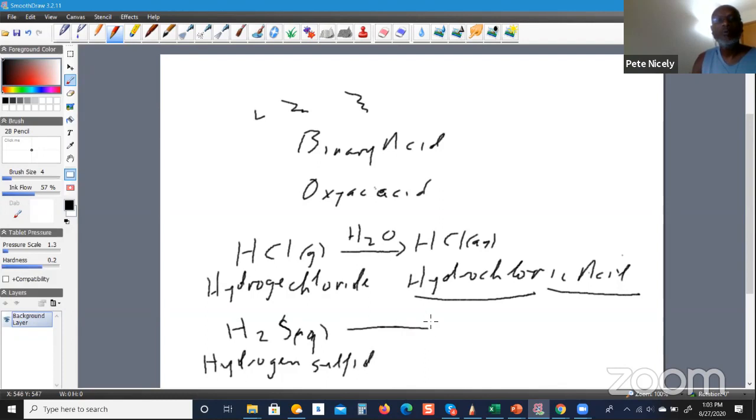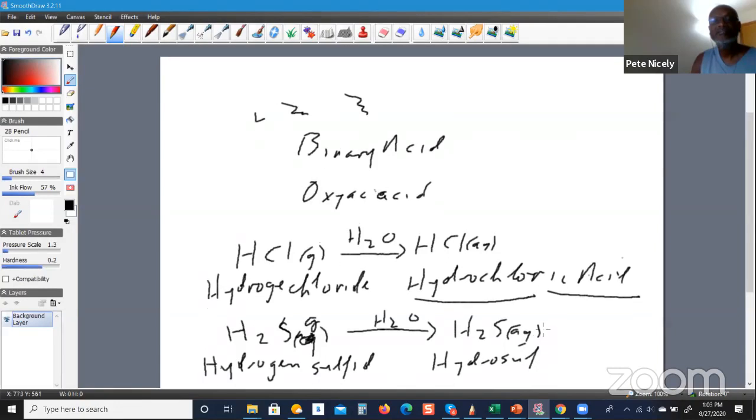Oh, by the way, this should be gas. I'm sorry, this is gas. When you add it to water, it becomes H2S(aq). And the name of this is hydrosulfuric acid. Hydrosulfuric acid.